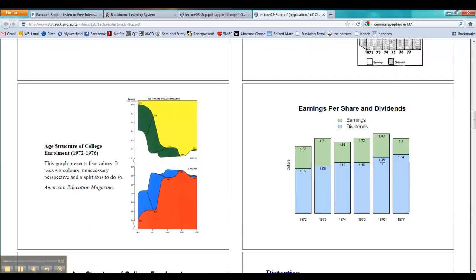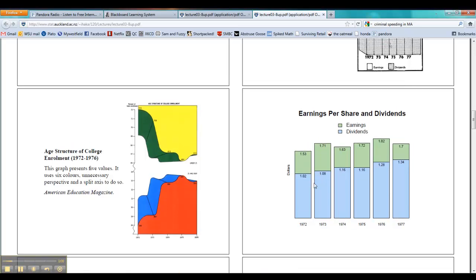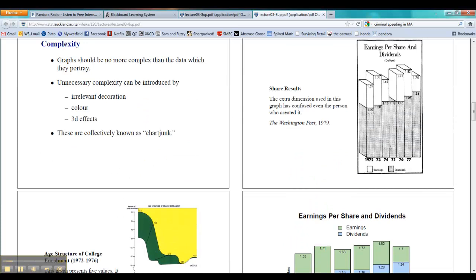So if we look down here in this area, the author of the slideshow, or the teacher, made a new graph showing the exact same thing, 1972, 1973, 1974, 1975, and so on, in a 2D format with two colors, showing the difference between the earnings and the dividends per share with dollars. This is a much easier to read graph, not a lot of chart junk, a lot easier to read than its counterpart up here.